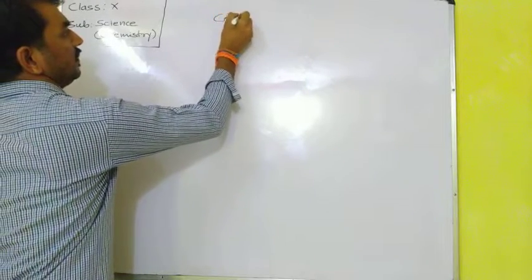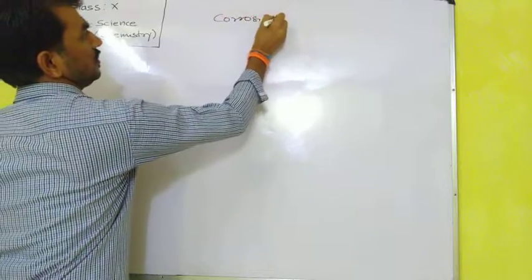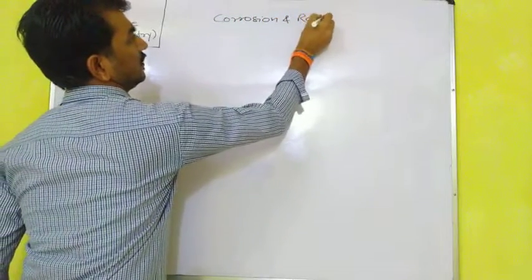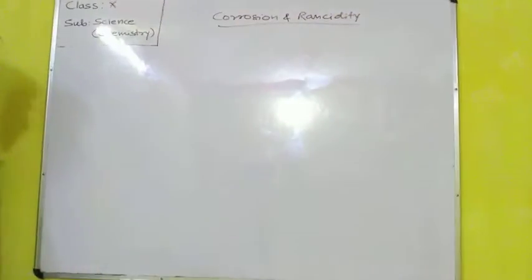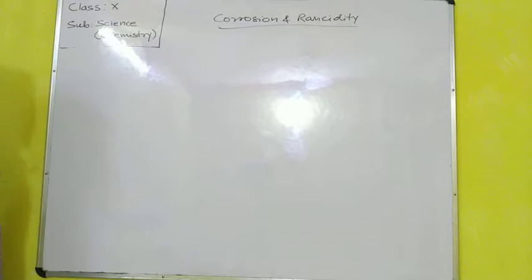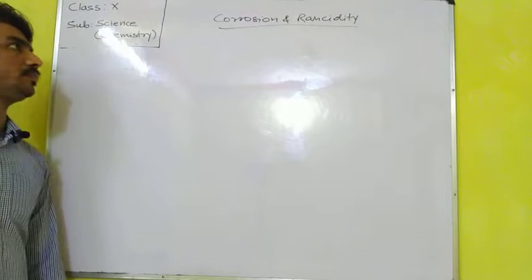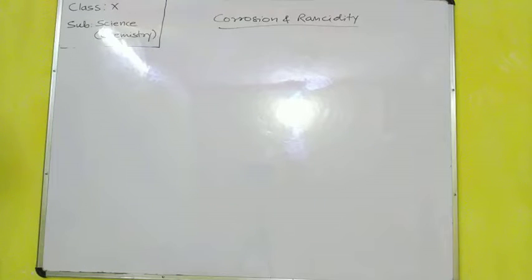What happens? If it is food, it becomes spoiled, and if it is a metallic substance, then also it becomes spoiled.